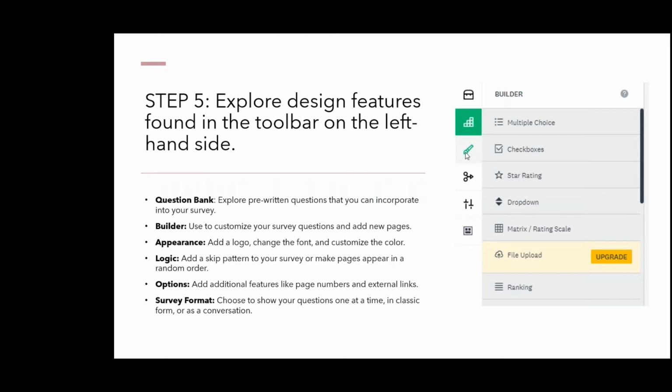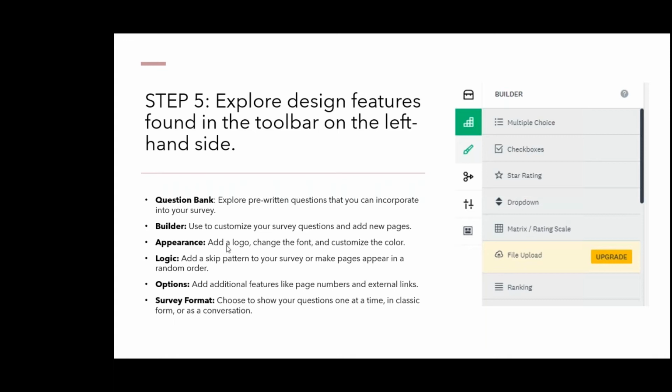Next, the paintbrush is the appearance part of the toolbar. Here you can do things like add your company's logo, change the font and the color, as well as add a background to your survey. This can be helpful if you're creating a survey that's designed toward a particular client.